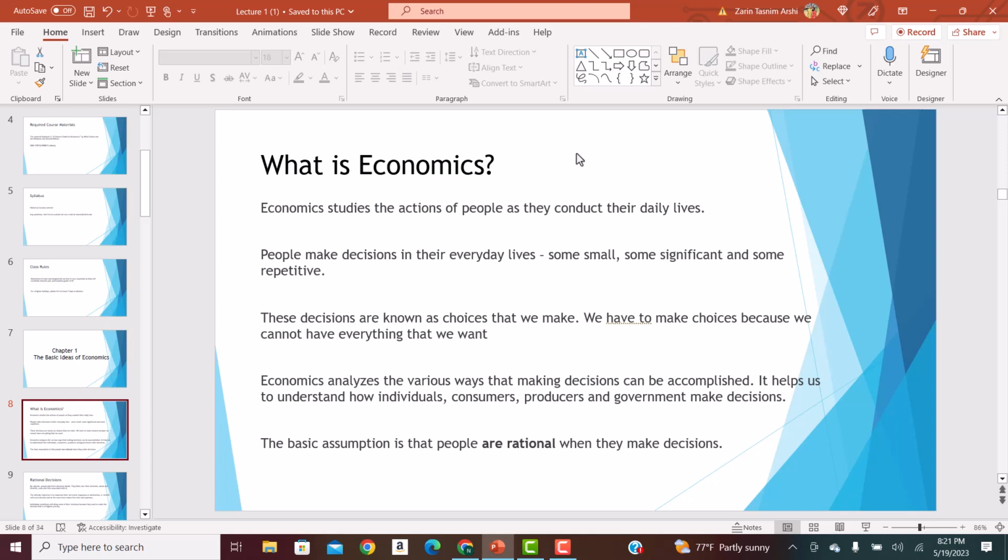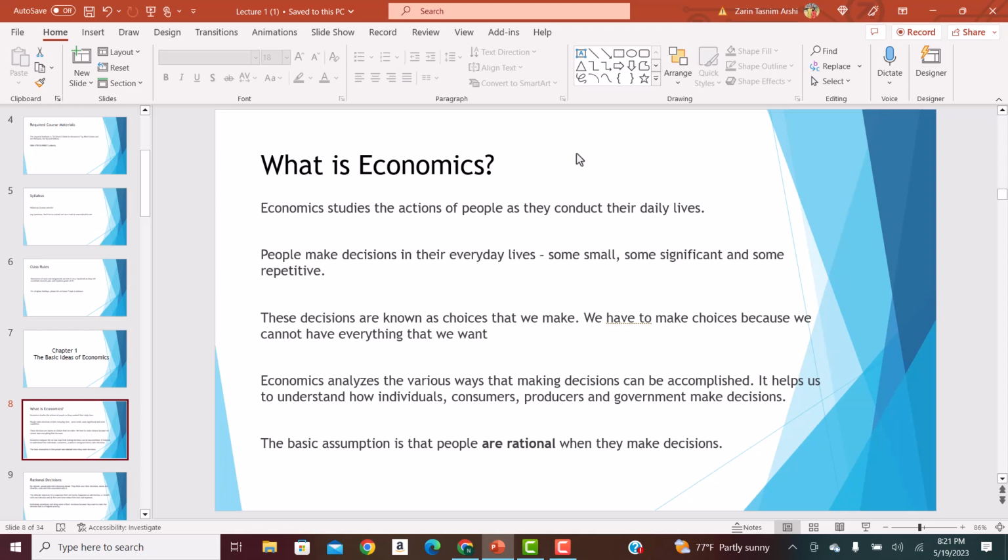That's a choice you make. Then it can be a big decision as well, like if you want to be a doctor when you graduate, or if you want to be an engineer. That also has to do with economics. So all these decisions in economics are known as choices that we make.